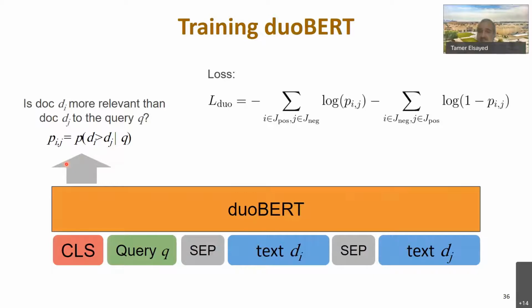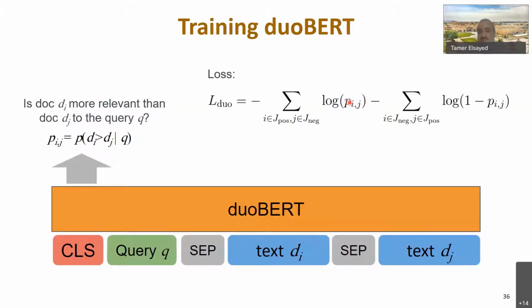The loss function is very similar to the loss function in MonoBERT, but here, instead of individual documents, we have pairs. If you notice here, the summation is always between positive and negative. So when we give positive first, we want the probability to be 1.